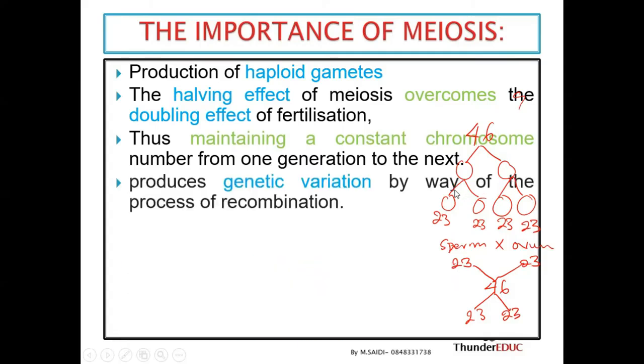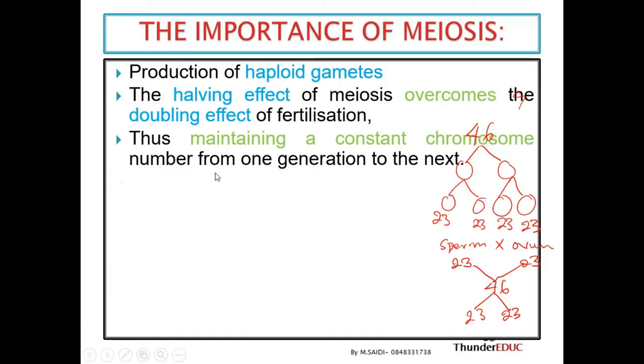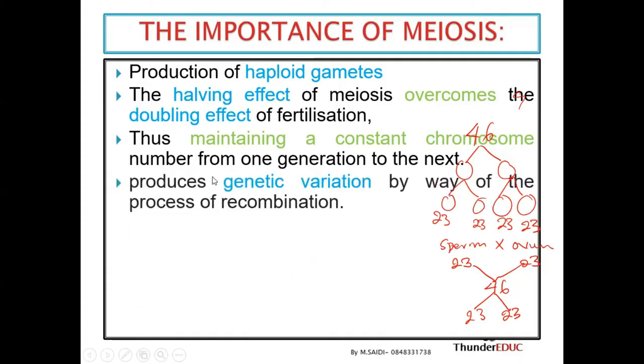Another thing is that meiosis produces genetic variation. Remember in prophase 1, you have a process called crossing over. This crossing over helps in the exchange of genetic material.